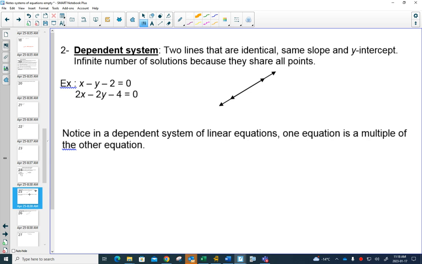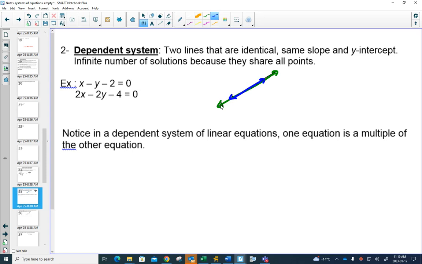Same slope, same y-intercept. If you graph them, I could graph one in green and one in blue. They're exactly the same. If the solution is where they intersect, how many times do the same line intersect each other?